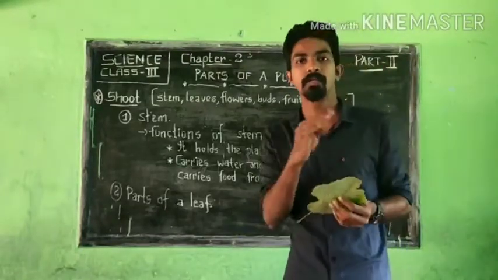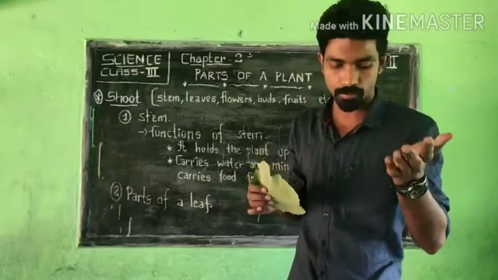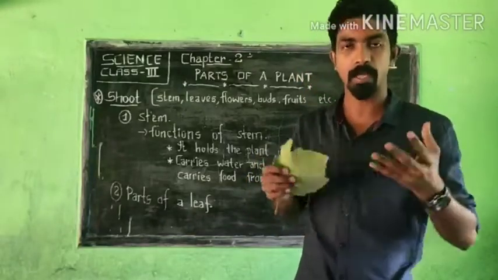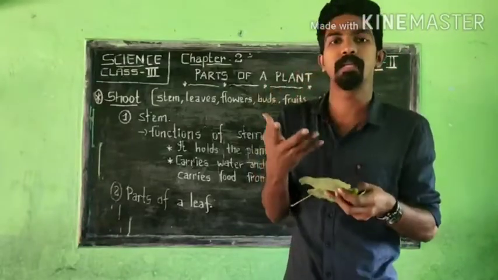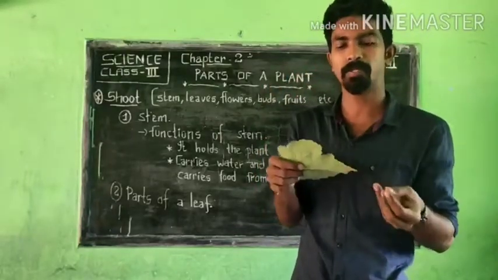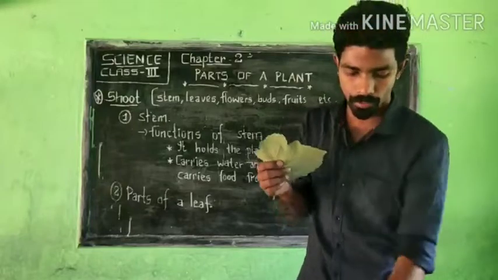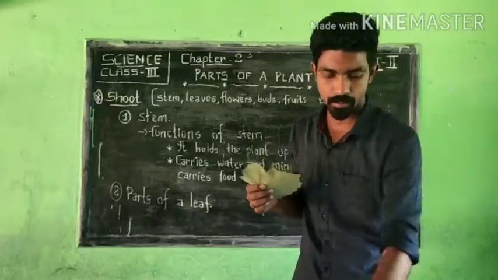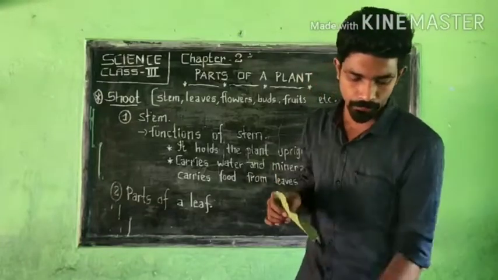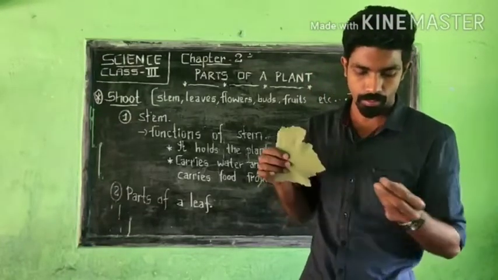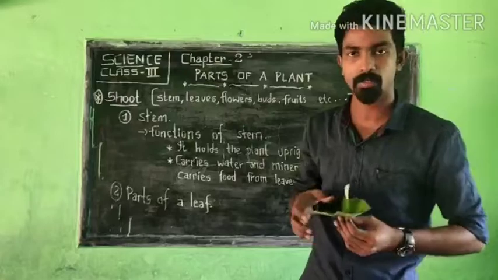What does the stomata do? Stomata helps the plant to breathe. The plant gets enough air with the help of the stomata. That is given as the last sentence: leaves also have many tiny holes called stomata on the surface, and these holes help a plant to breathe.